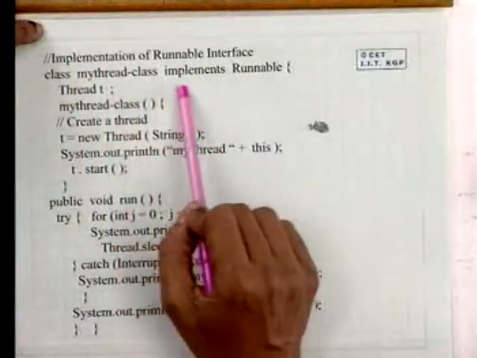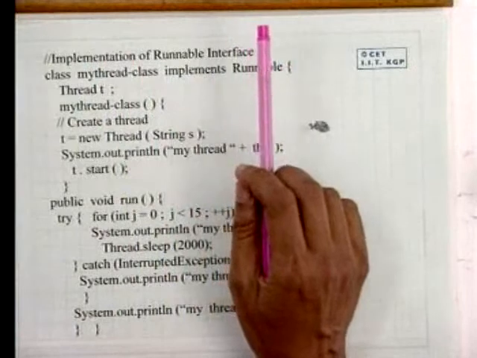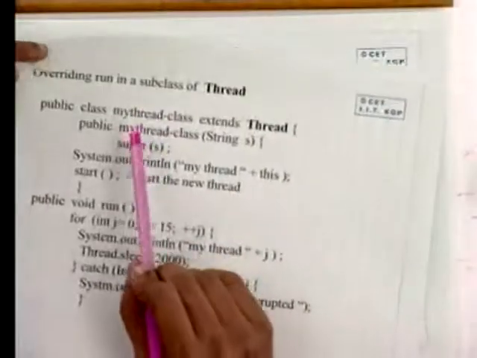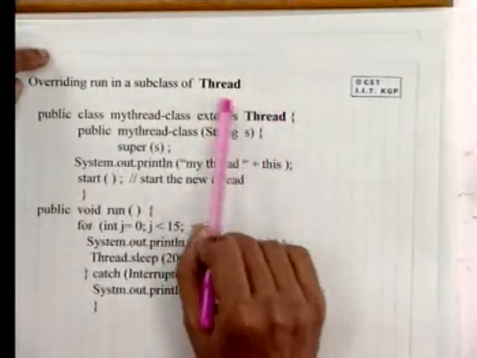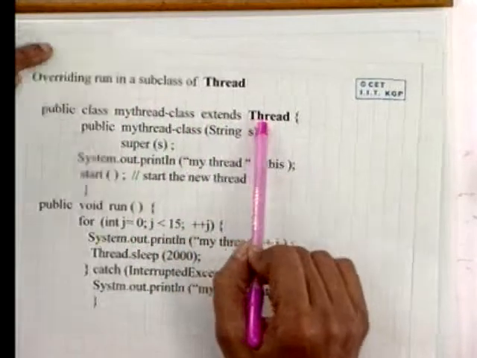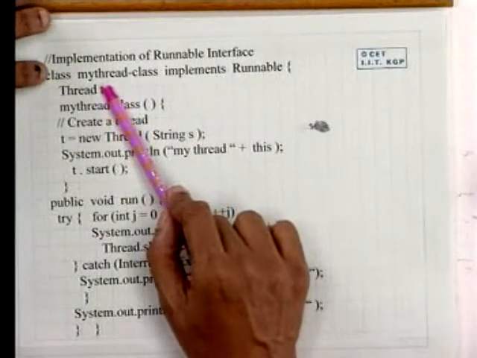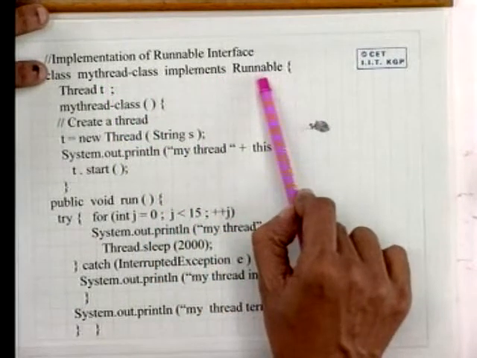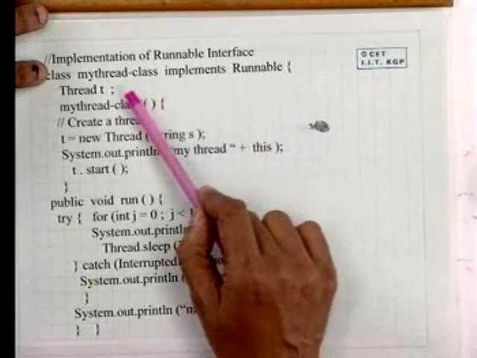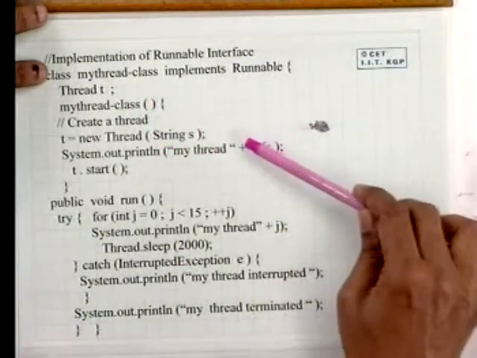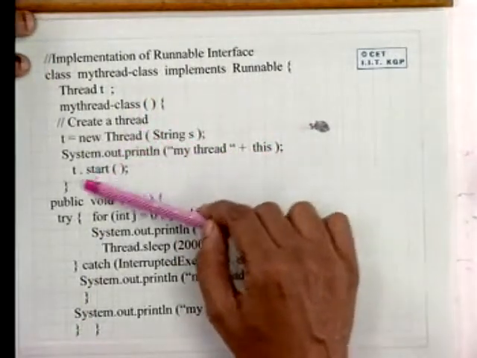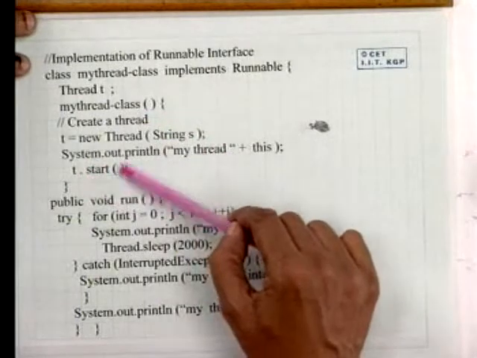An alternative way of implementing the thread's run method is by using the Runnable concept. Unlike here, where MyThread class is a subclass of Thread, instead we say that it implements Runnable. This is an independent class which implements the Runnable interface, and here again we are using the same idea: we create a thread and then call t.start.